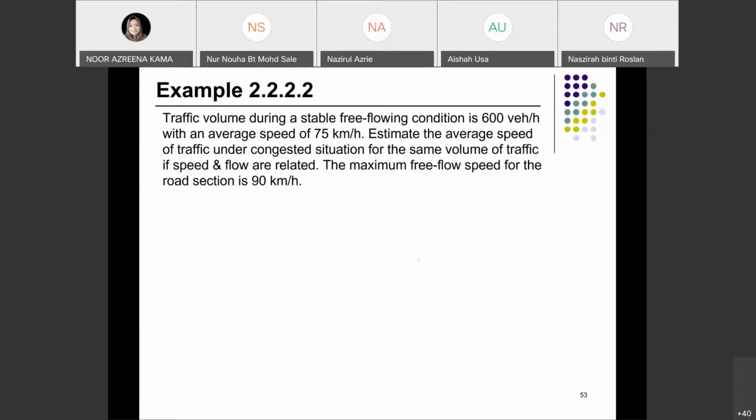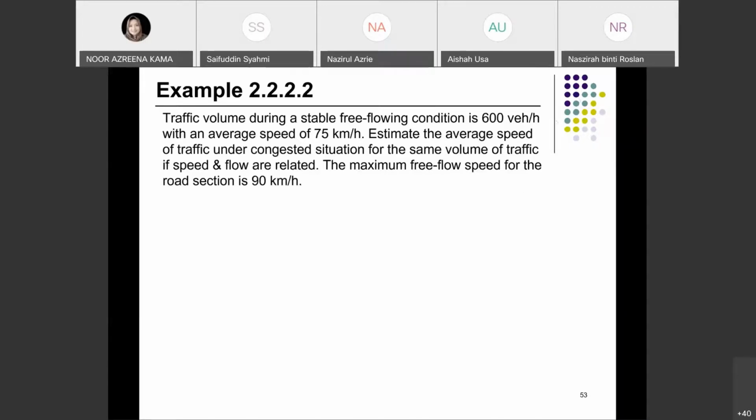Okay, dah dapat ke jawapan? Kita try. Kita panggil Saifuddin. Saifuddin, berapa jawapan awak? Jawapan untuk U2 madam, 15 km per hour.